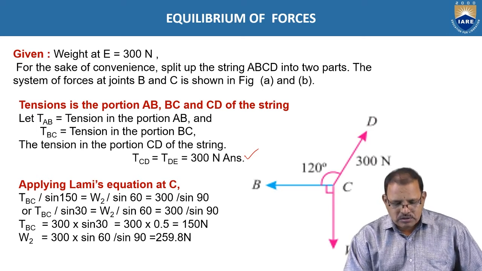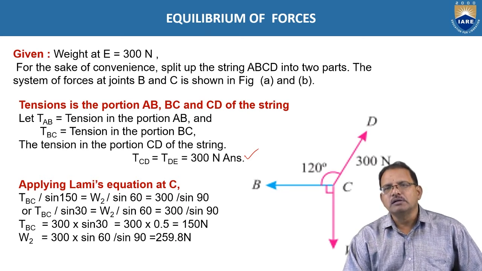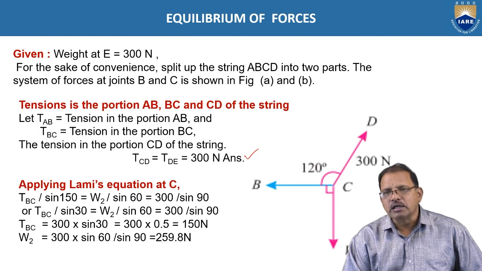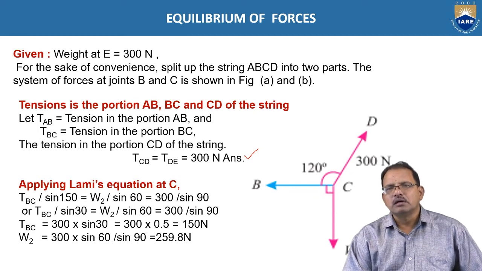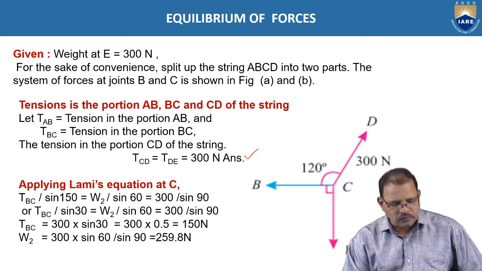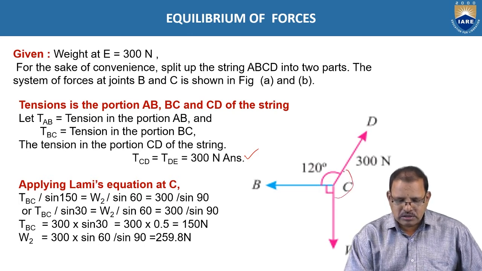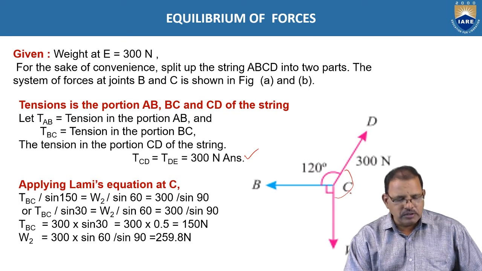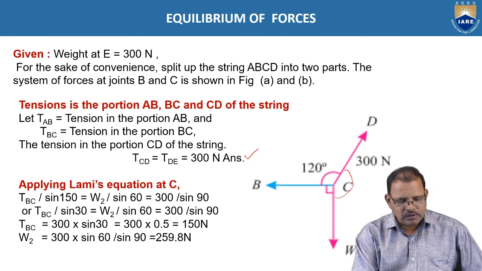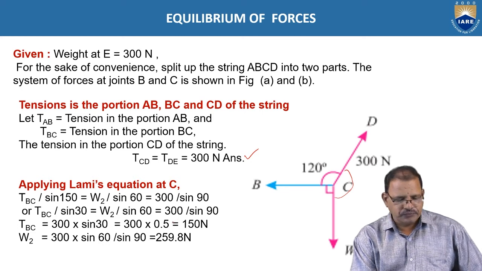when the system is in equilibrium, when three forces are acting at a point and they are in equilibrium, according to Lami's principle each force is proportional to the sine of the angle between the other two forces. That means TBC divided by sin 150 degrees, W2 divided by sin 60, which is equal to 300 divided by sin 90, and so on.